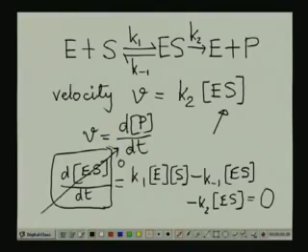Okay. So, now if I am at this steady state, I will therefore get a new expression for ES. What expression do I get for ES? What did I have? Let's just write this once more.